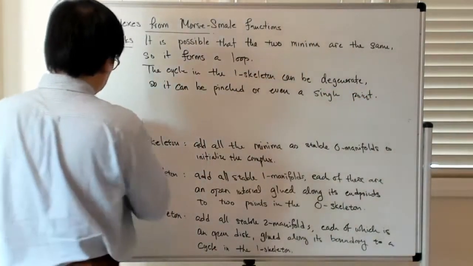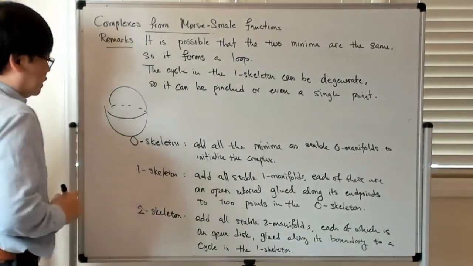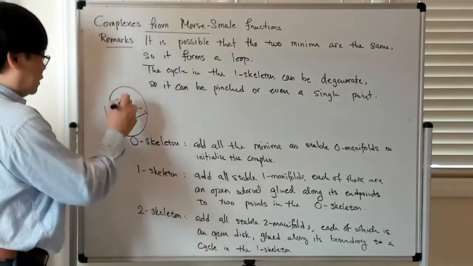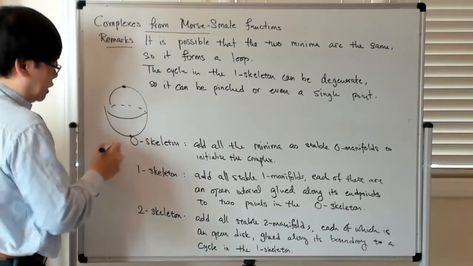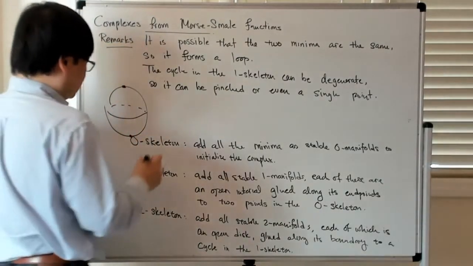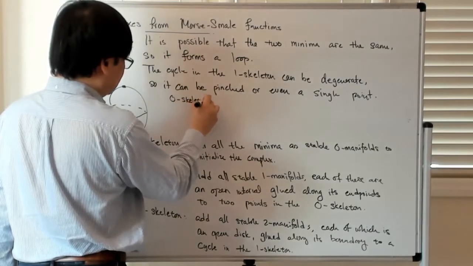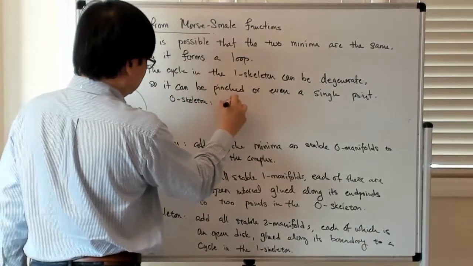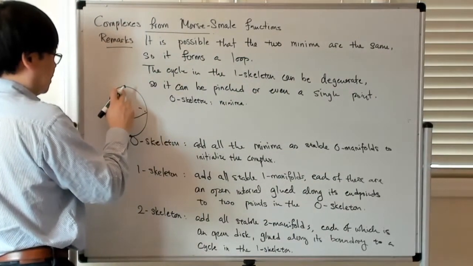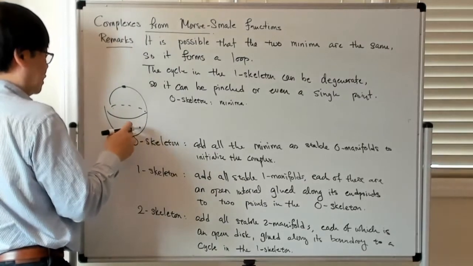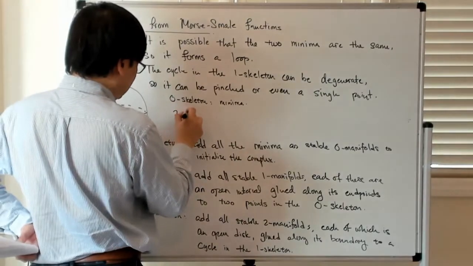The example to keep in mind for this is the height function associated with a sphere. There's one maxima and one minima. The zero skeleton is just the unique minima. The maxima has a stable manifold which is two-dimensional, so this shows up in the two skeleton.